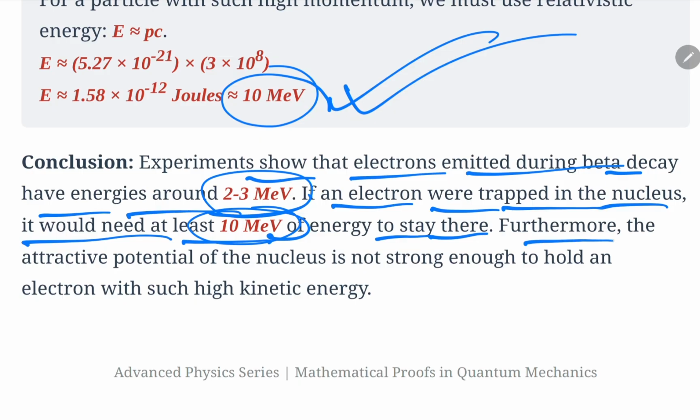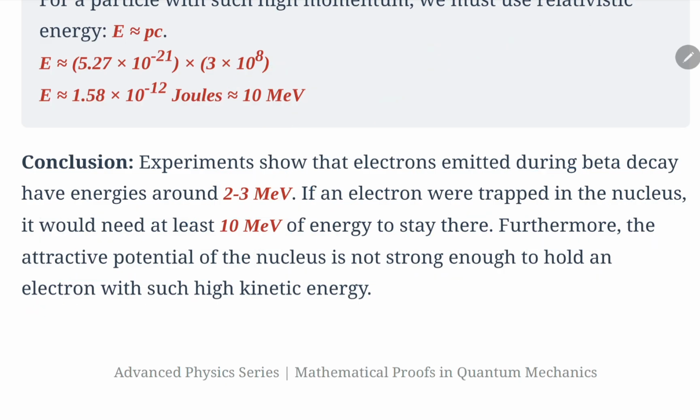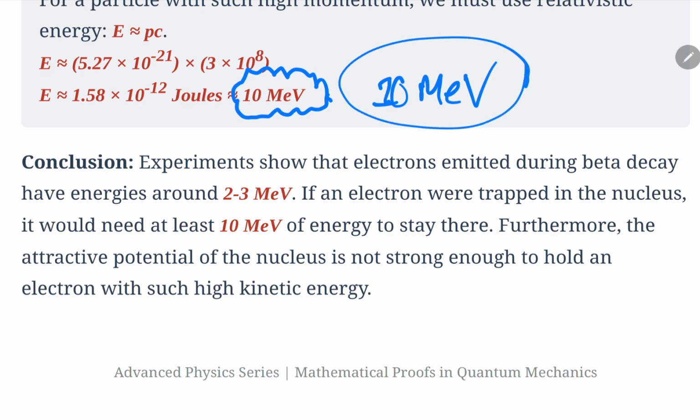Furthermore, the attractive potential of the nucleus is not strong enough to hold an electron with such a high energy. So let me make it clear: from the calculation, the energy must be at least 10 mega electron volts to stay inside the nucleus, and our nucleus is not even capable of holding an electron with such a high energy.